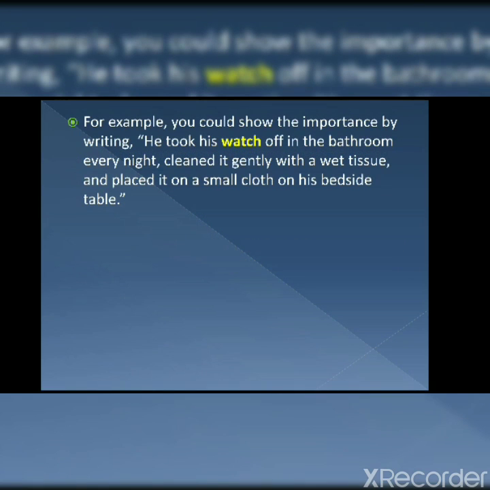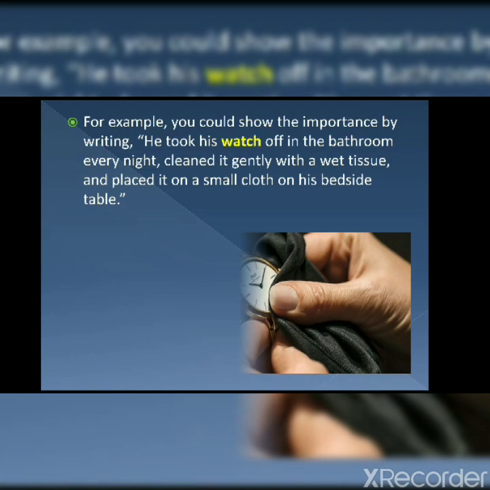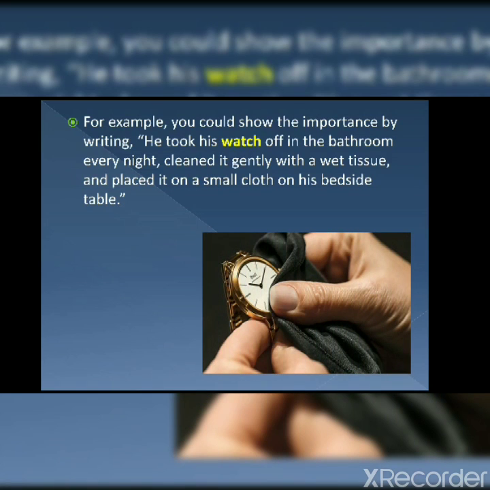Let us take an example. Suppose we are describing a watch, and you have to tell the readers how important the watch is. You can write, he took his watch off in the bathroom every night, cleaned it gently with a wet tissue and placed it on a small cloth on his bedside table.